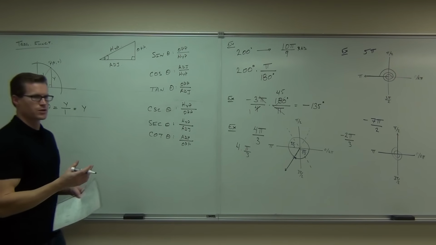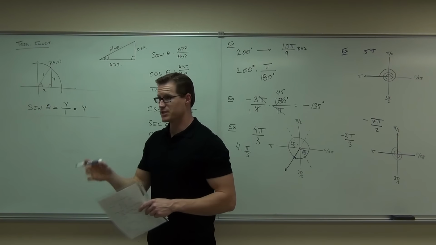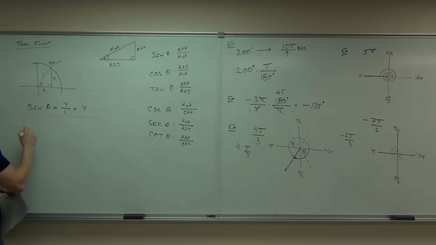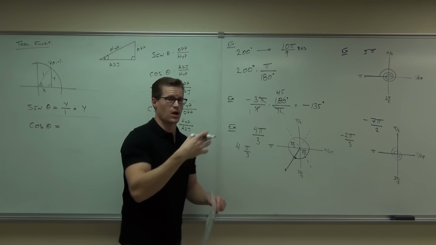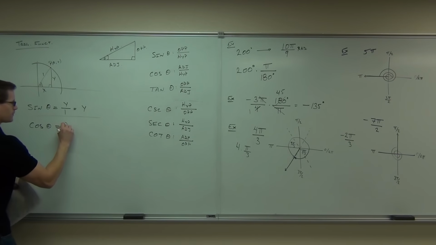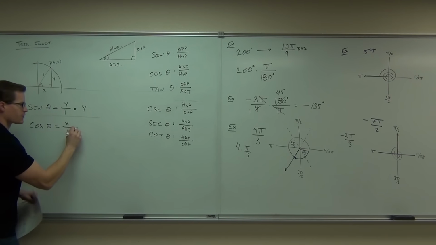Yeah, that's why we get on the unit circle that the y coordinate for that point is sine of that particular angle. That's why we get that. It's our definition now. So sine equals y. Cosine. Cosine should be adjacent over hypotenuse, so the adjacent of our angle is x. The hypotenuse, well that's 1, so we're going to get x over 1 or x.